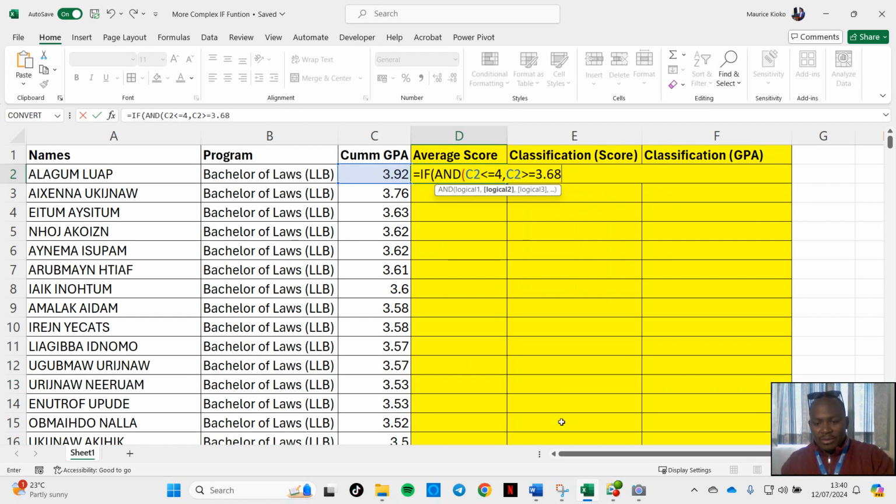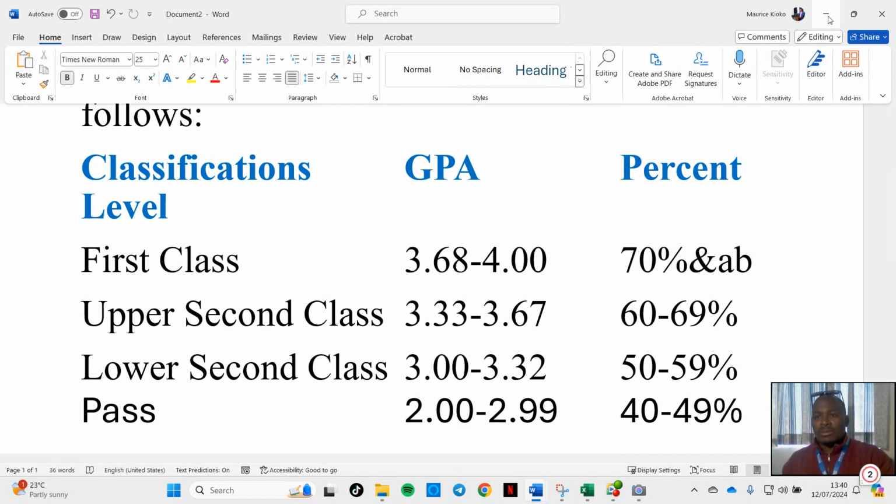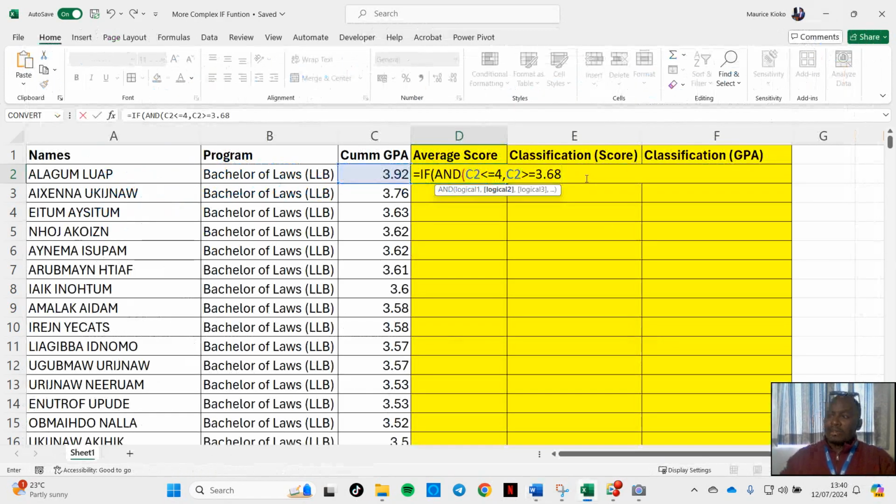Remember, we are following this scale here, the scale of first class, which is about 70. You close that, and then you open about 3 brackets. I'll show you later how the equation looks.